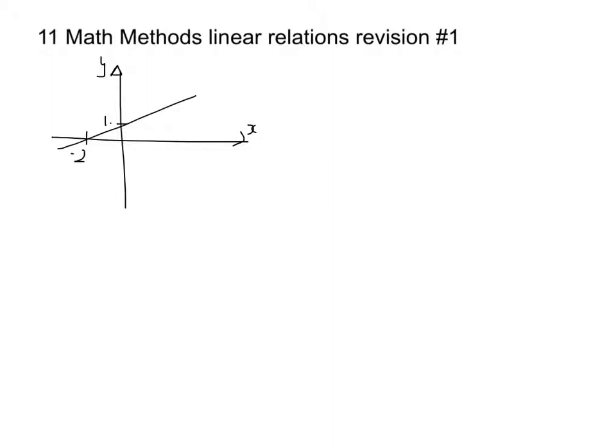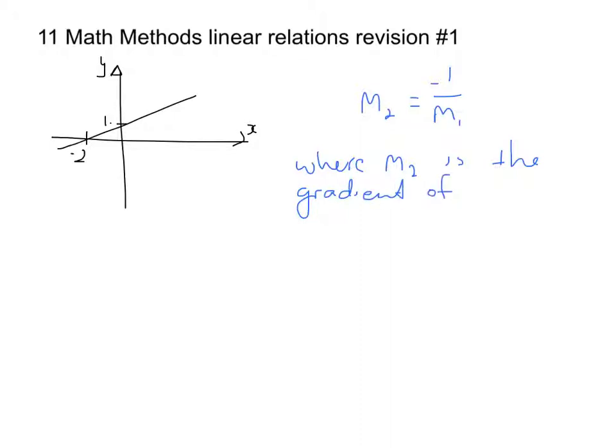So when we're looking for a perpendicular line, there's a relationship that tells you that M2 is equal to -1 over M1, where M2 is the gradient of the perpendicular line.